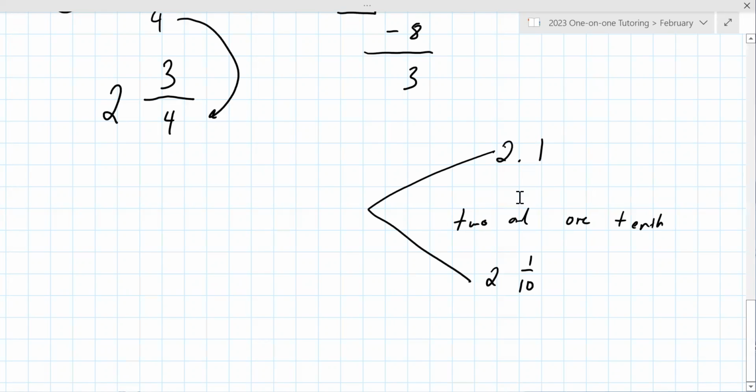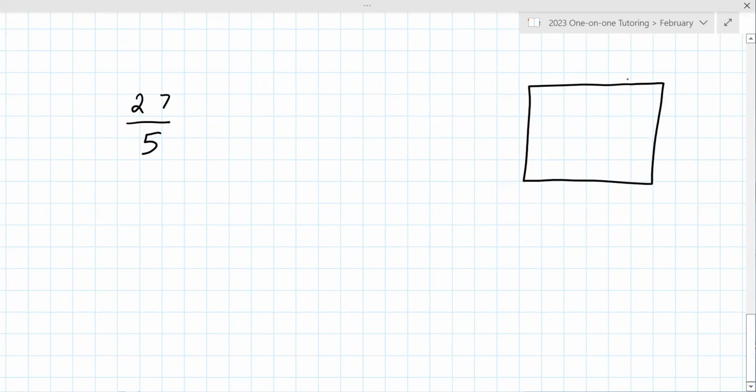Okay, I'd like to do a couple more of these, but let me just have you do one more. I think that would be worth doing. Let's do 27 divided by 5. Rather than telling me your answer, I'll write the answer and you can tell me if yours is the same.